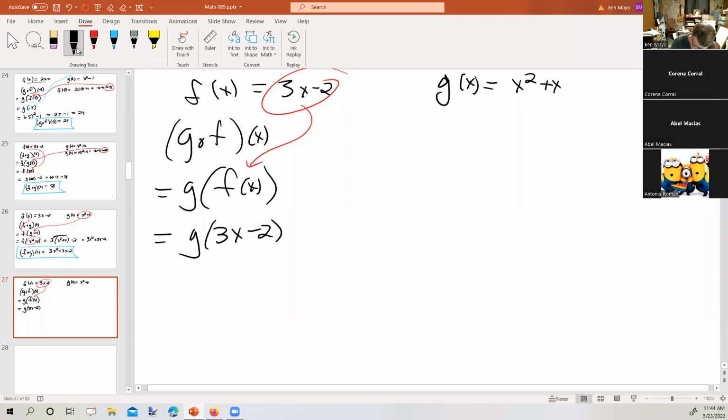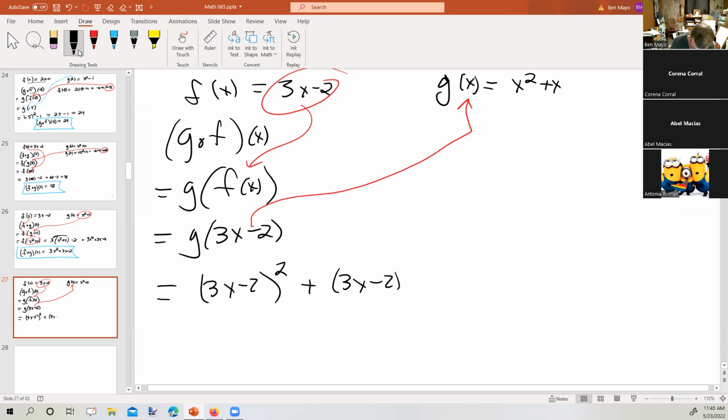But how would you find g of 3x minus 2? You'd put that in there. So that's going to be 3x minus 2, the quantity squared, plus 3x minus 2, because that goes every place that x is.